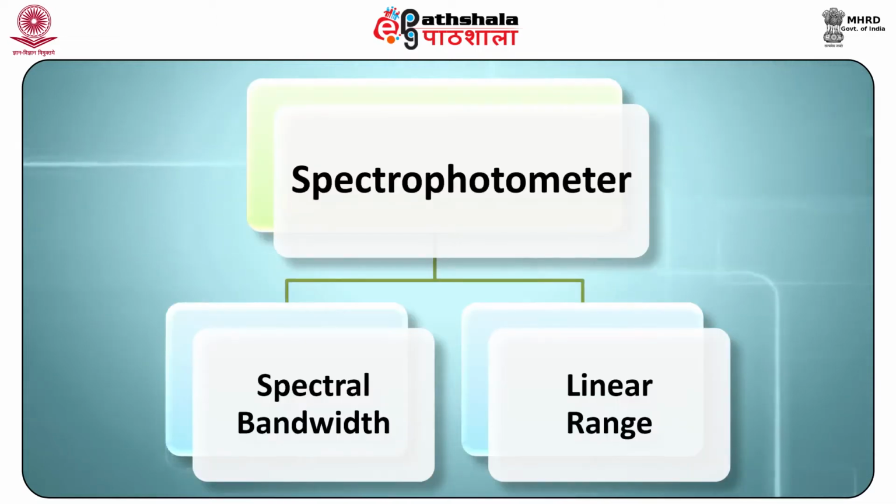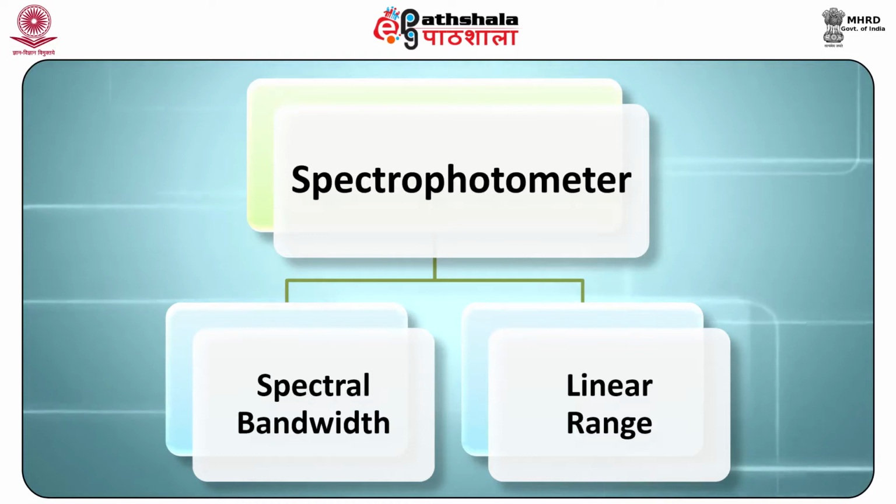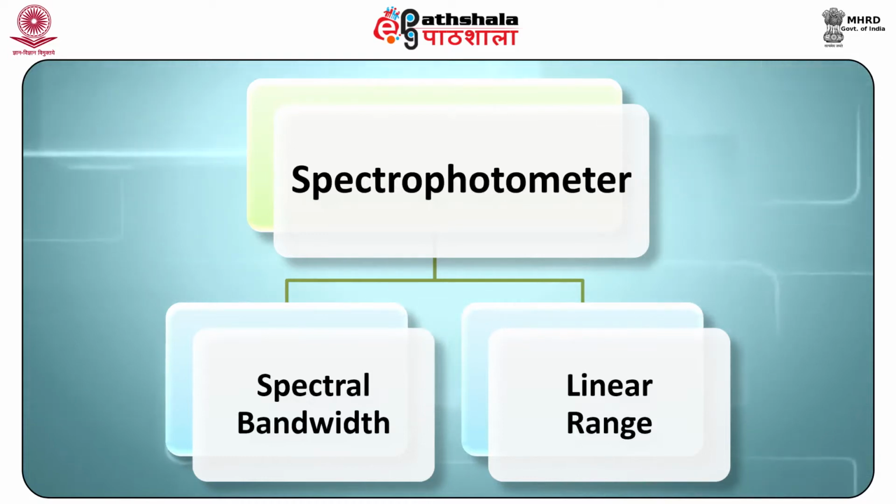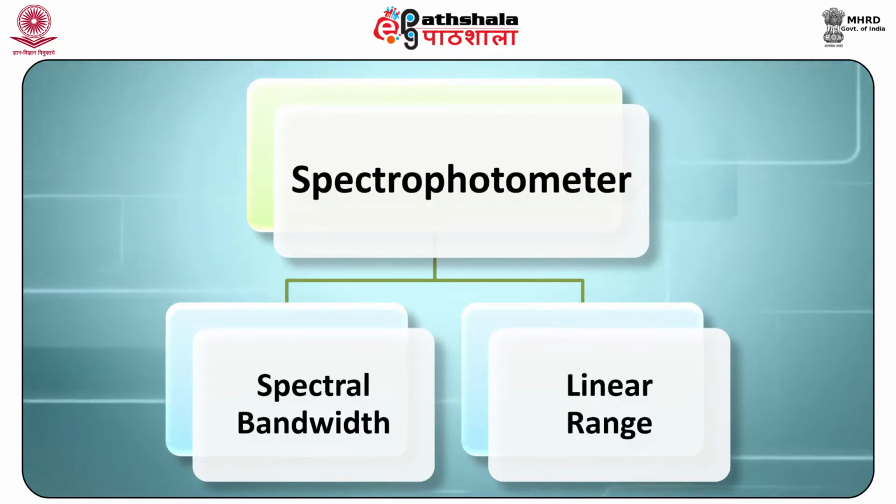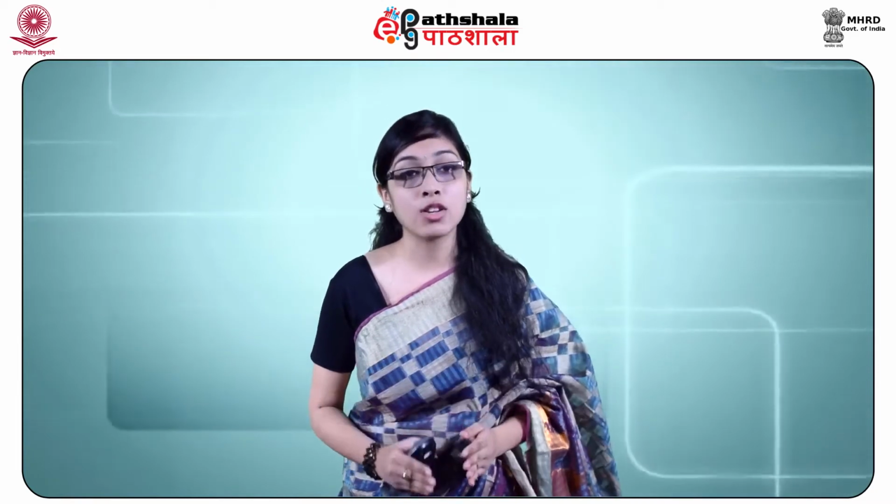Other significant features of spectrophotometers comprise the spectral bandwidth and the linear range. Possibly the most general use of spectrophotometers is the calculation of the quantity of light absorption or the light absorbed.